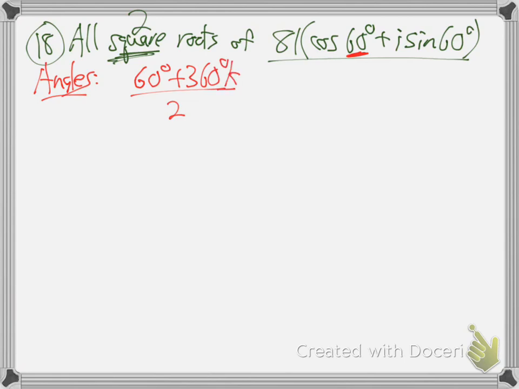So you take the angle they gave you, plus 360K, divide the whole thing by 2, because square roots divide angles by 2. And then simplify that, divide them both by 2, we get 30 degrees plus 180K. I just divided both of them by 2.